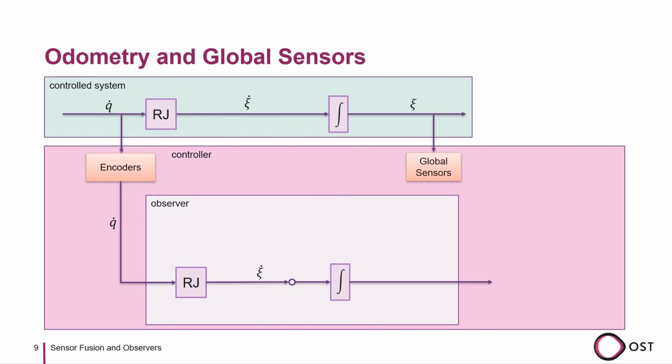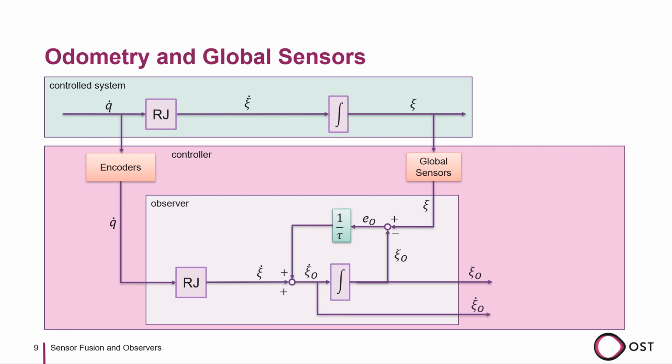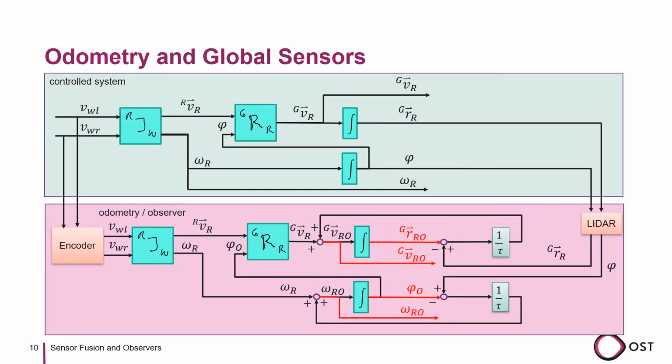To correct the position, we can use a global sensor, for example a LiDAR. As we've seen it before, we can calculate the difference E between the position measured with the global sensor and the position from the odometry. For the controller, we can simply use a gain with the value 1 over tau and define the time constant tau as we like.